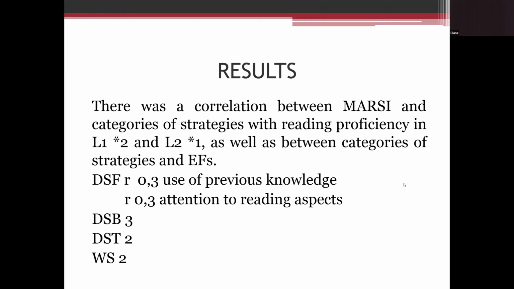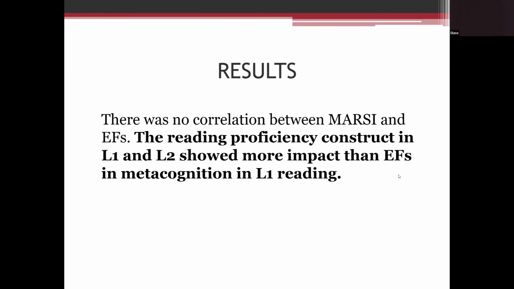And we could see also that there was correlation between executive functions and some strategies: digit span forward in 2 strategies, digit span backwards in 3, the total in 2, and word span in 2.